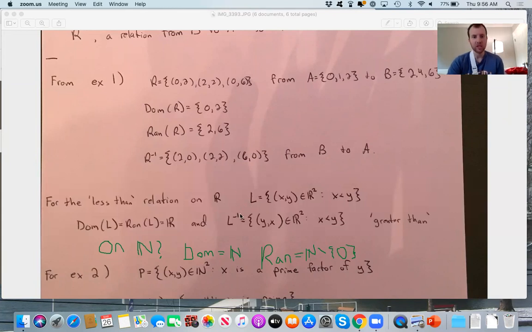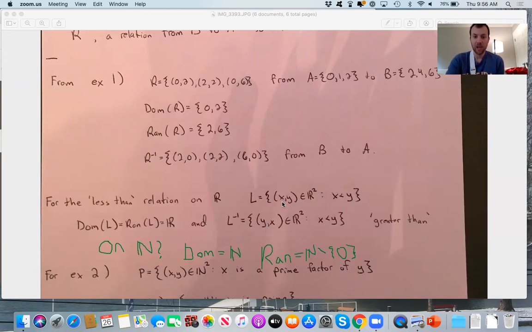And for this relation, if we talk about its inverse, that's saying the original relation is all pairs x, y, so x is less than y. The inverse is: find all pairs which are the reverses of pairs in here.